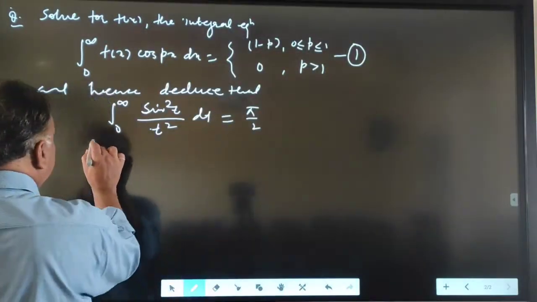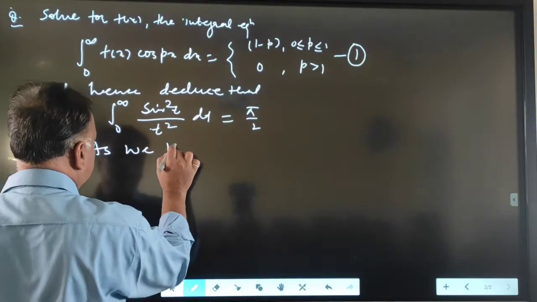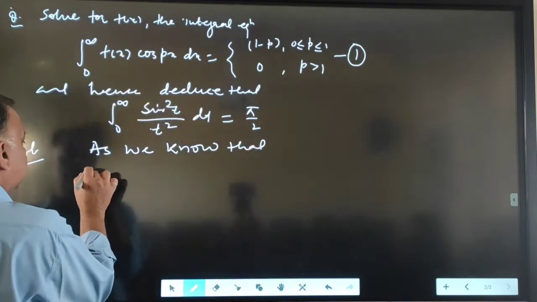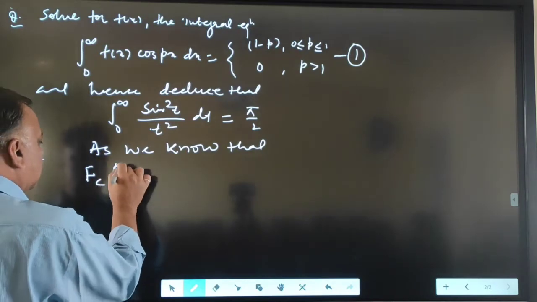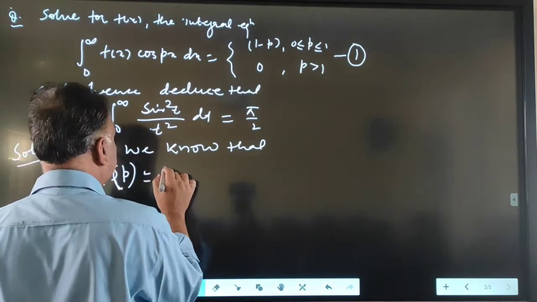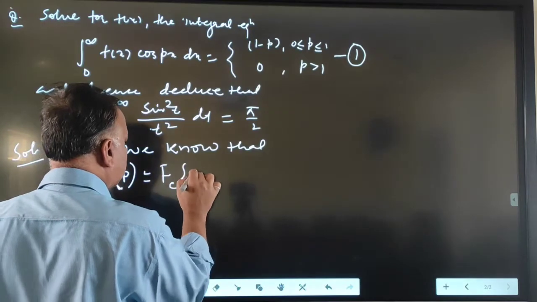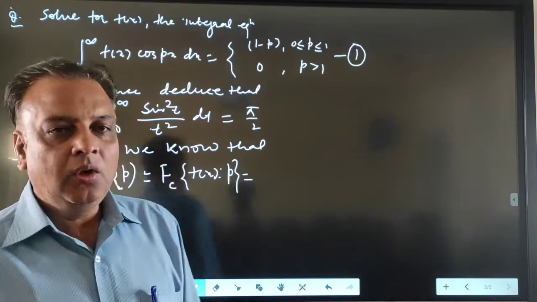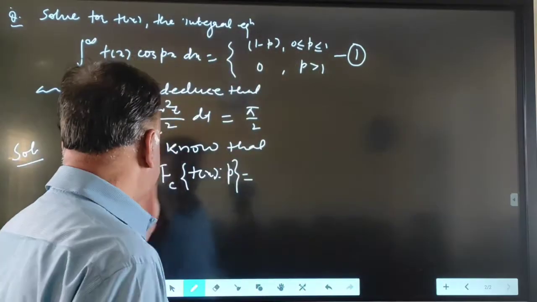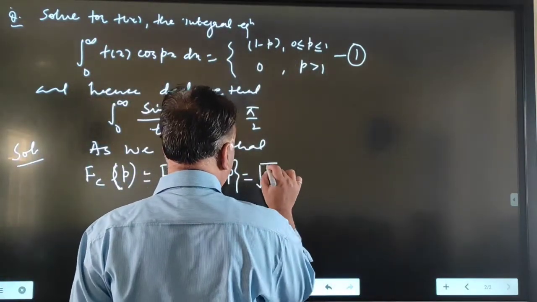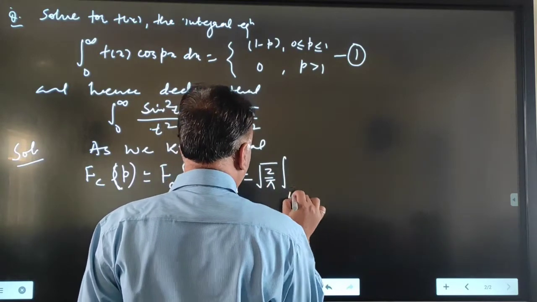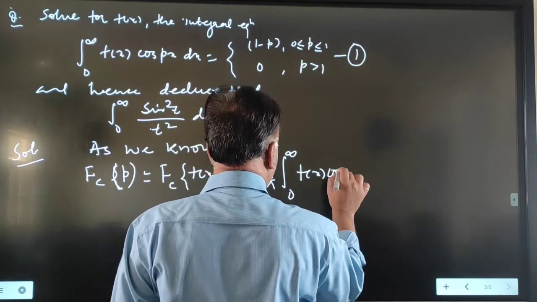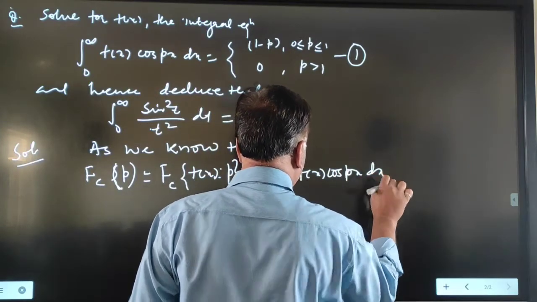As we know, the Fourier cosine transformation of a function f(x) is defined by F_c(p), and this F_c(p) is equal to root 2 upon pi integral 0 to infinity f(x) cos px dx.